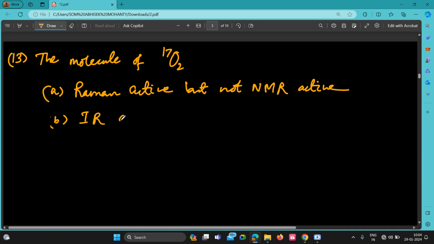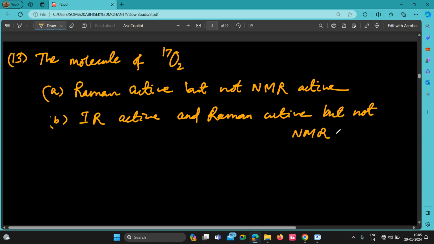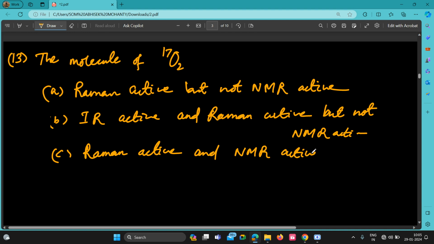IR active and Raman active, but not NMR active. Raman active and NMR active.